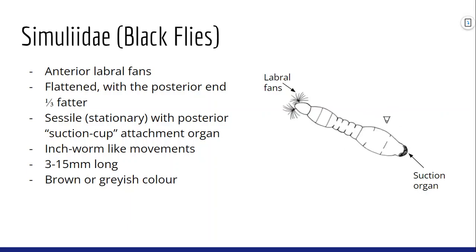They have anterior labral fans, which you can see here. And they're also sessile or stationary, similar to the hydra, which was the first grouping we looked at. So they actually have a suction cup organ at the posterior end of their body that they use to hold themselves to rocks and debris in the water.